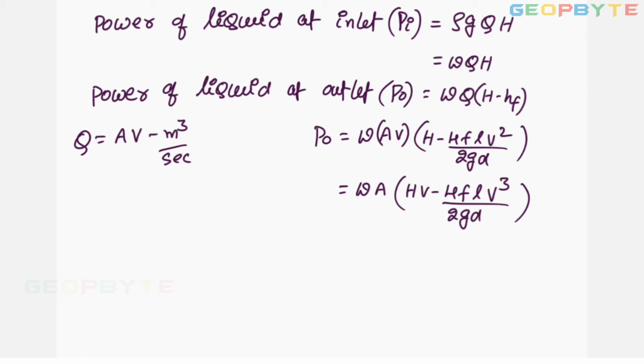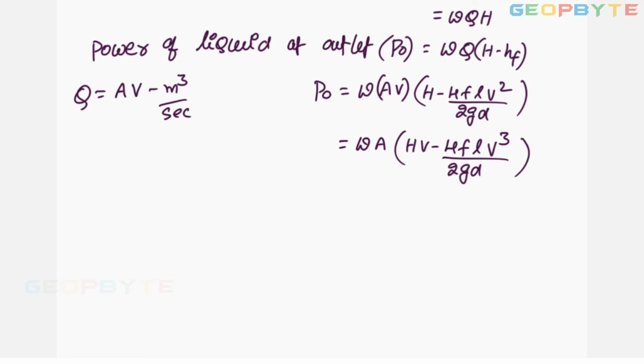Now look at the output power. On what factors is output power depending? The output power is completely depending on the V value, because W is the specific weight of the water, that is the property of the liquid that cannot be changed. Once we construct a pipeline, area of the flow cannot be changed. Then D remains same, F remains same, length of the pipe remains same.